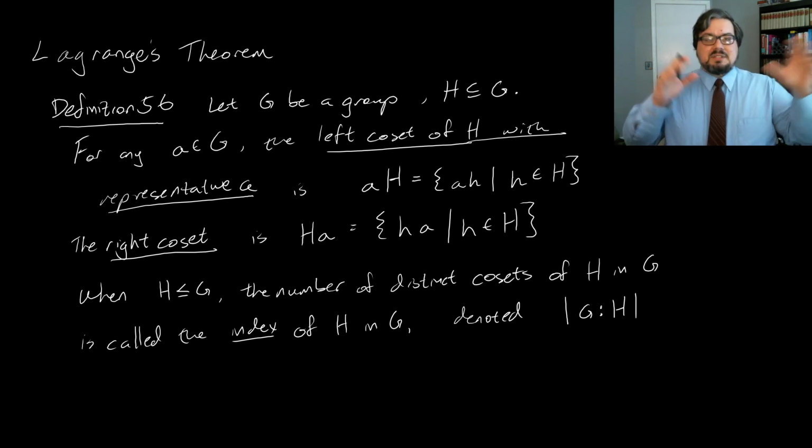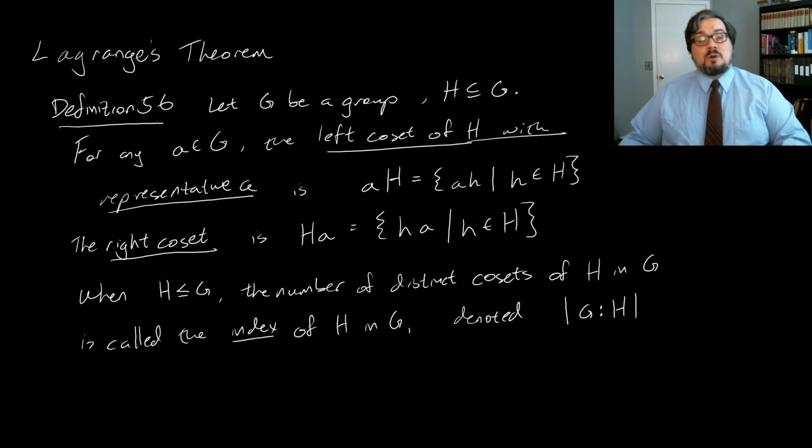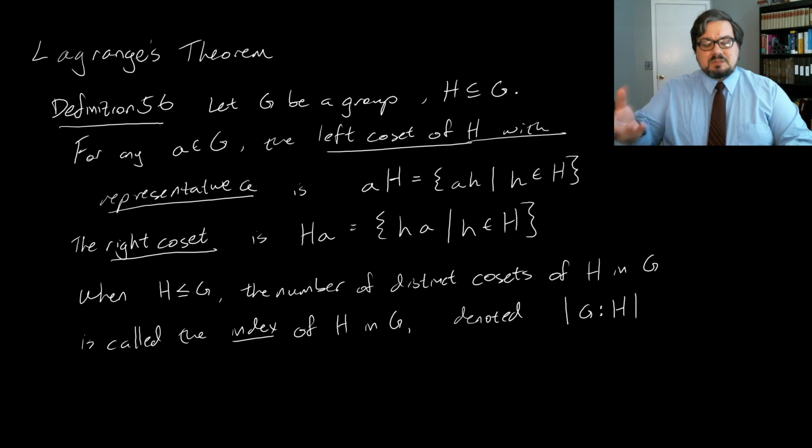And the number of different subsets of the group is the index of H in G. Now, as we're going to see, these cosets are all going to be disjoint from one another, and they're going to cover the whole group G. In particular, this means that the cosets of H are going to form a partition of G, a fact that we're going to take quite a bit of advantage of. And there are some other facts that we're about to see that explain why this index idea makes a lot of sense. But before we do that, let's see some simple examples.